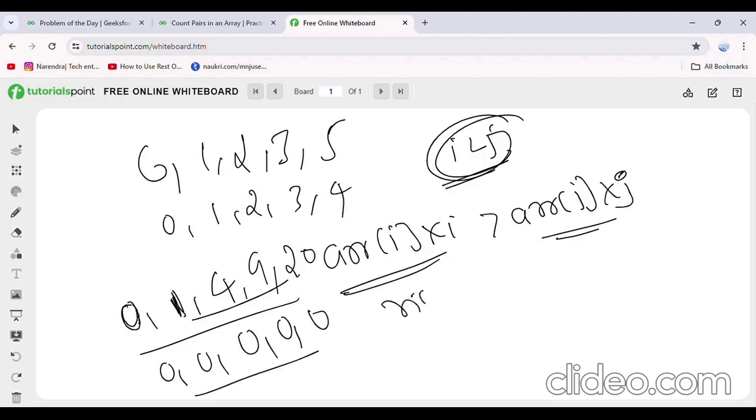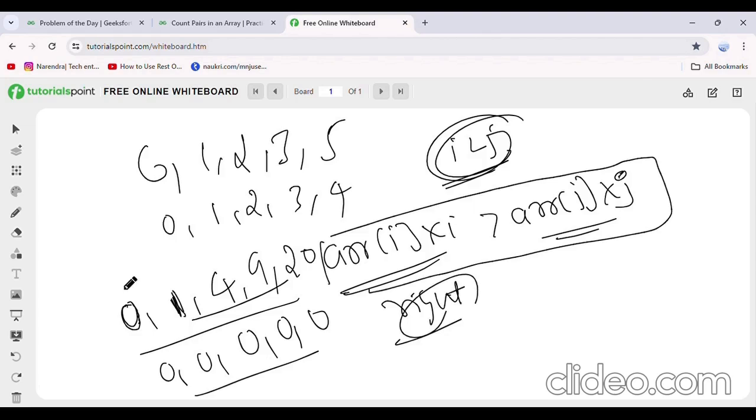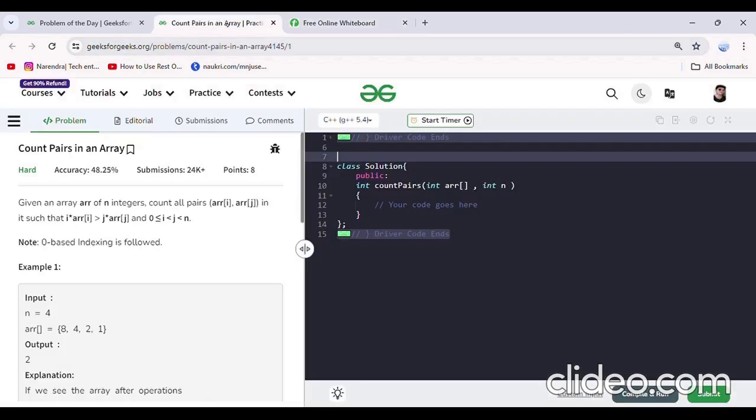The meaning of this question is we have to find all the pairs which satisfy this condition. So I am multiplying arr[i] with its index. Guys, I will explain you the logic along with the code.